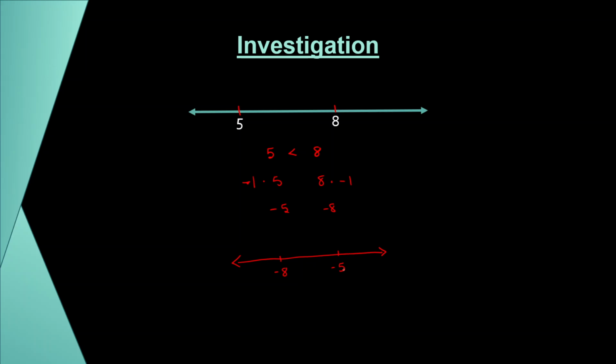They have switched places. -8 is further to the left. That means -8 is less than -5. So we notice that when I multiply by that negative, it flips the inequality. So we have to be very careful when we're doing multiplication or division. If we multiply or divide by a negative, the inequality is going to change directions.